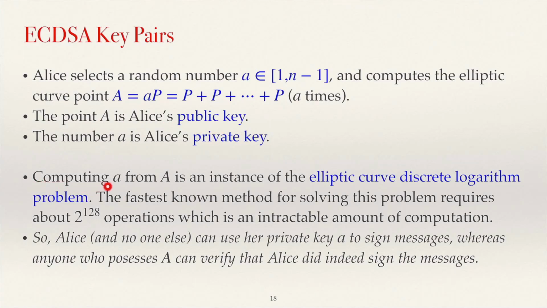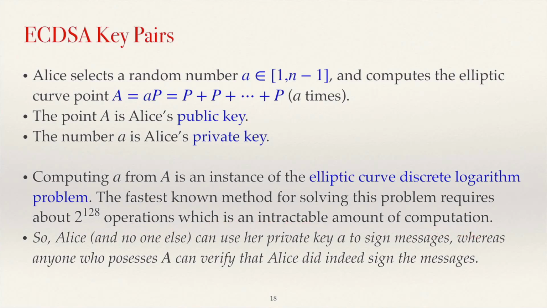Computing the private key from the public key is an instance of the elliptic curve discrete logarithm problem. This problem has been intensively studied for more than 35 years, and the fastest method known for solving this problem requires roughly 2 to the power 128 operations. This is a completely infeasible amount of computation.